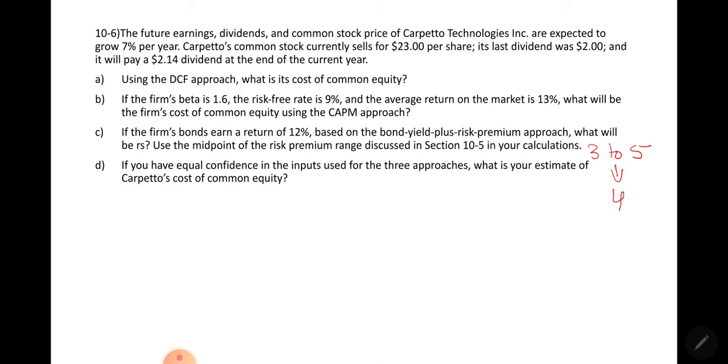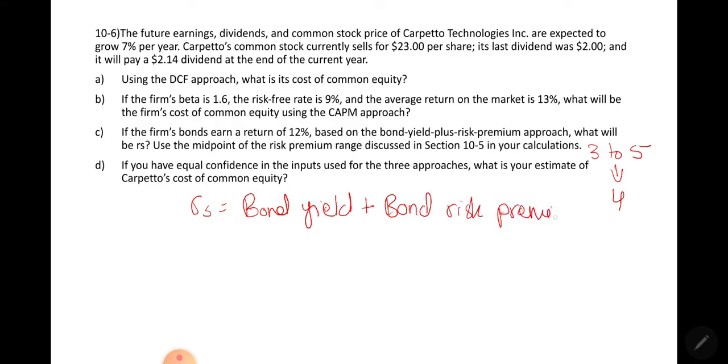The formula for the bond yield plus risk premium approach is bond yield plus the bond risk premium. The bond yield is 12% and the bond risk premium, because you're supposed to take the midpoint, will be 4%. So this is 16%.